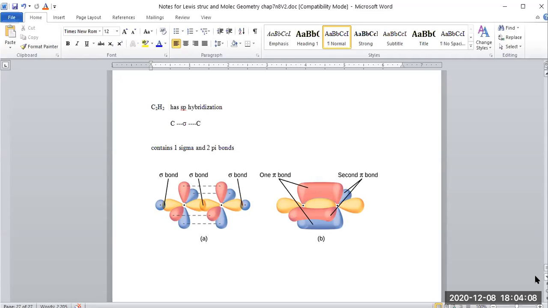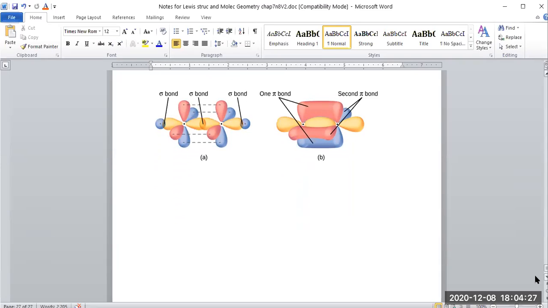So as you have multiple bonds, you end up with 1 pi or 2 pi bonds, depending upon whether or not you have a double bond or a triple bond. So this is kind of the tail end of the hybridization information.